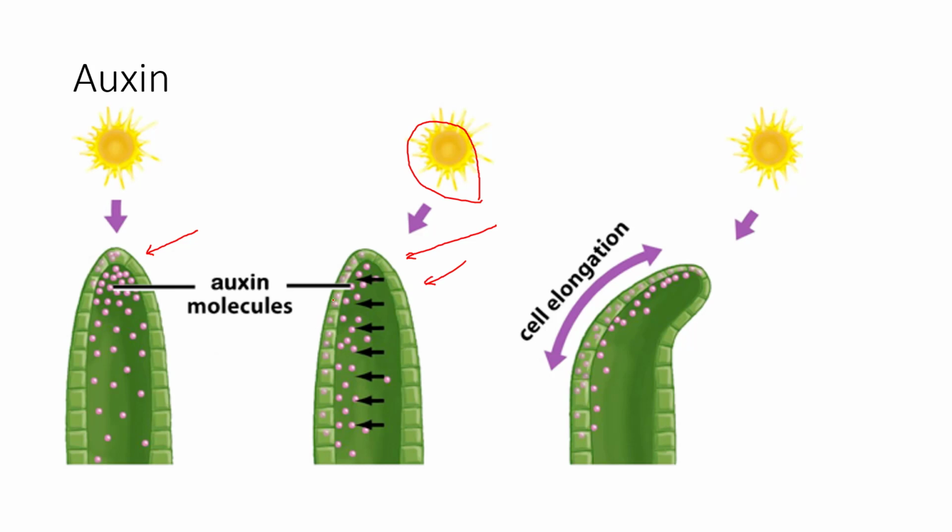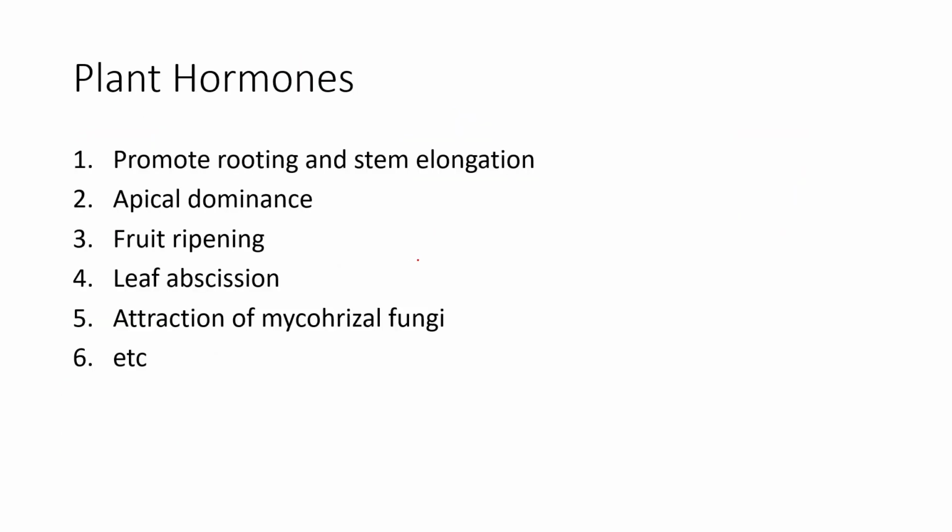Auxin goes to the side that is dark and then causes that side to grow. So auxin is a growth hormone in plants. It causes growth. And what happens is, because it's asymmetrical growth, it's growth on the side that's in the shade, it causes the stem to grow towards the sun. It grows towards the light. This is why plants in a window will grow towards the window, towards the light, which is pretty interesting.